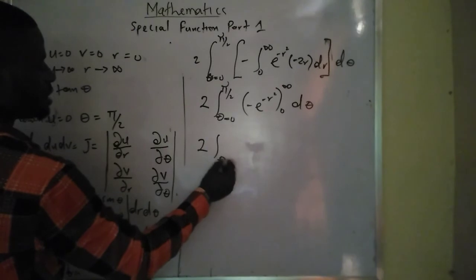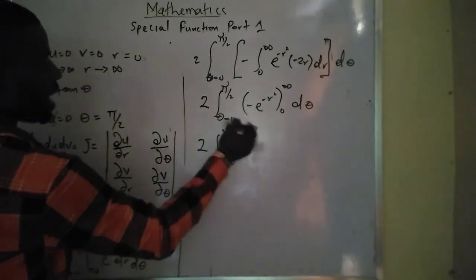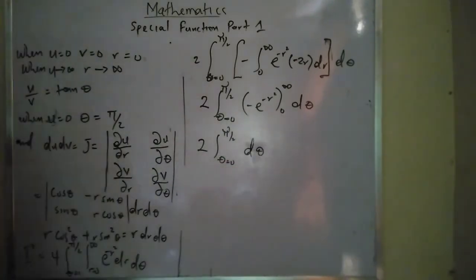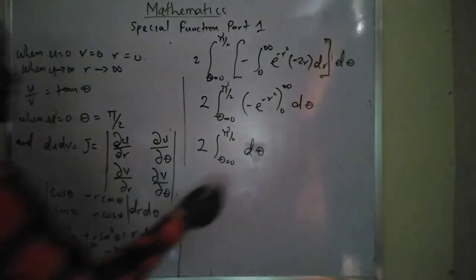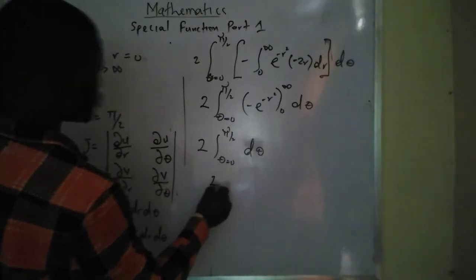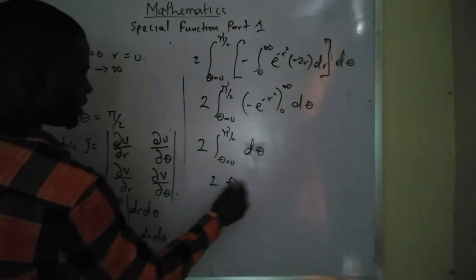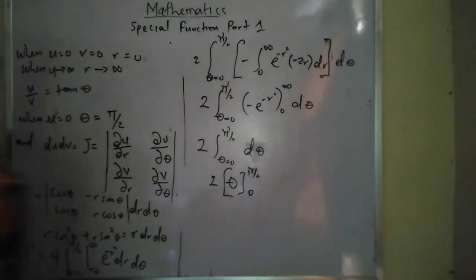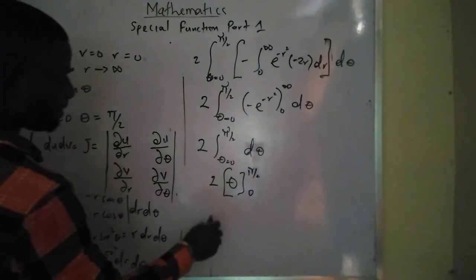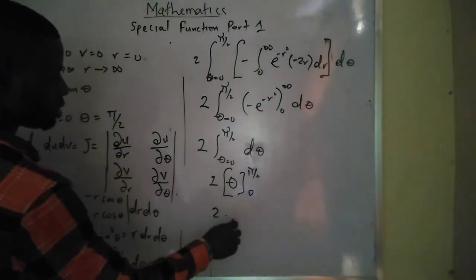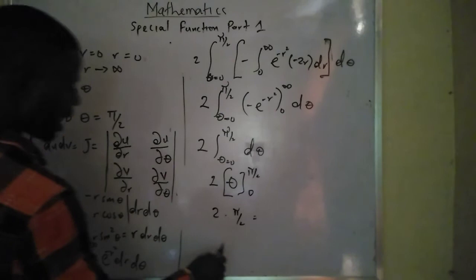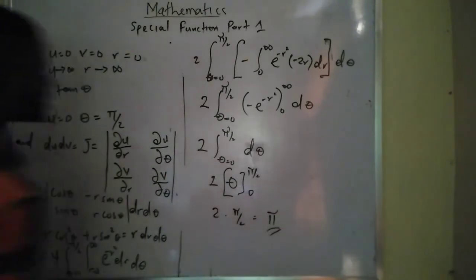So 2 times the integral of theta from 0 to pi over 2 of 1 d theta. Integrating, I get 2 times theta from 0 to pi over 2, which equals 2 times pi over 2, which is pi. That is my answer.